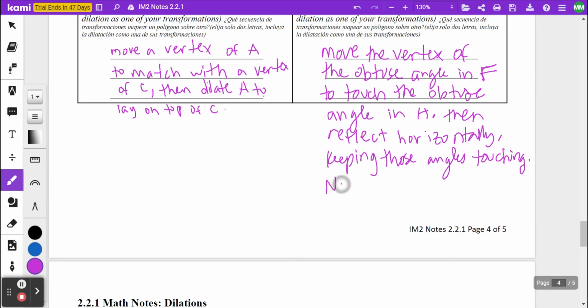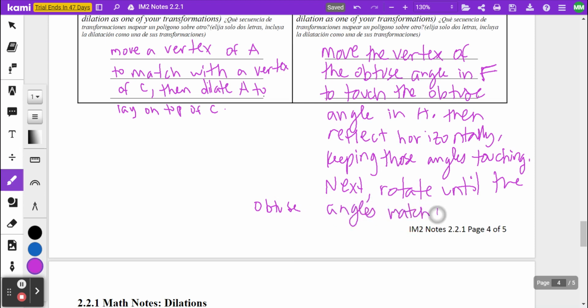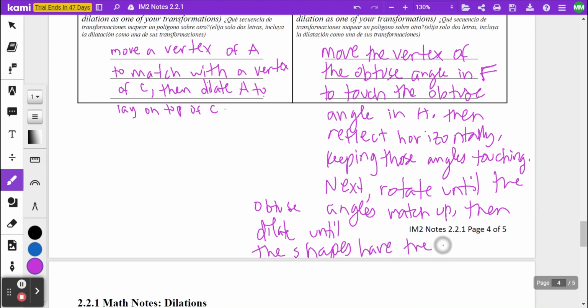Next, rotate until the angles, the obtuse angles, match up. Then dilate until the shapes have the same size.